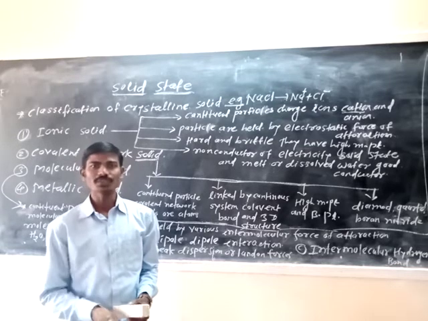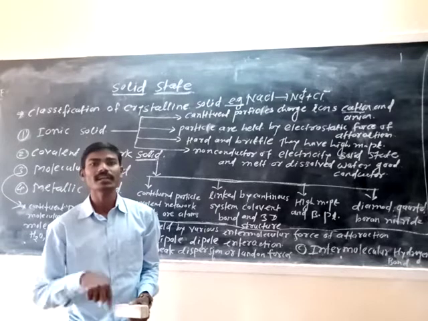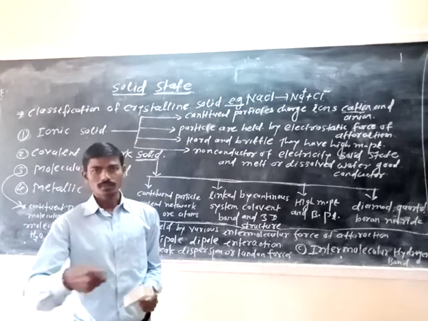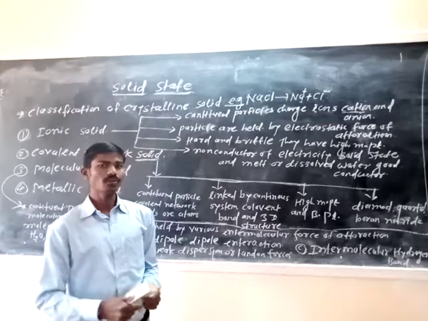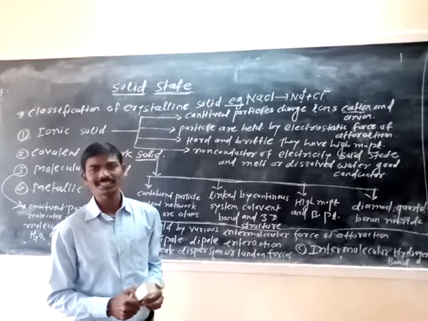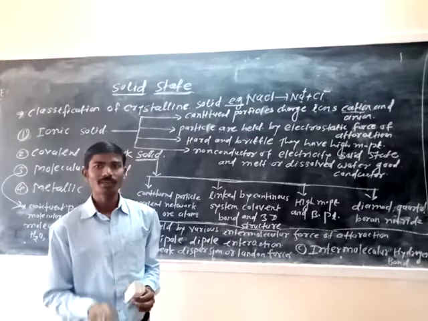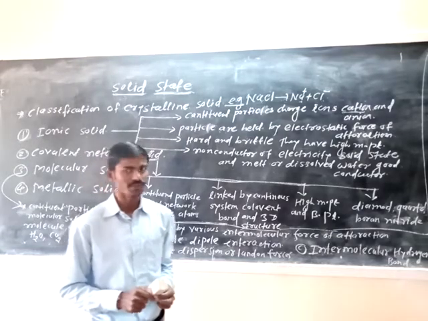The ionic bond involves the complete transfer of an electron from one atom to another atom. Na loses one electron to become Na positive, and Cl gains one electron to become Cl negative, and the bond formed is the ionic bond.